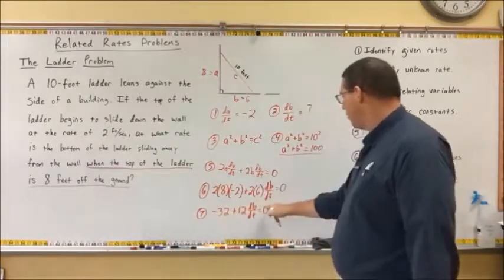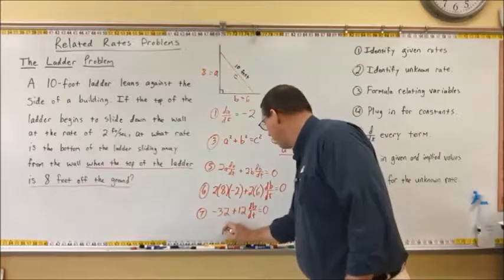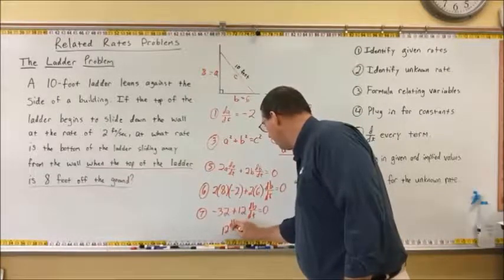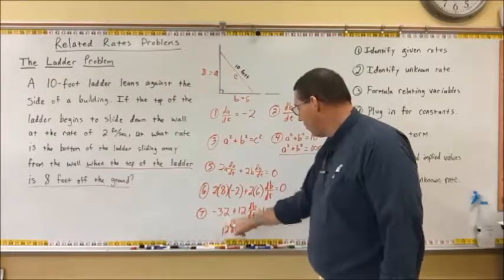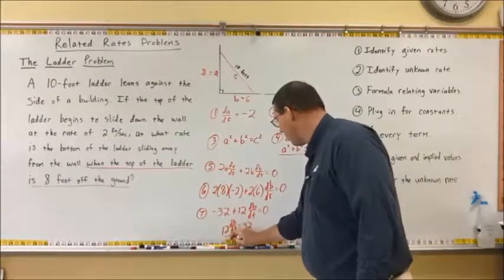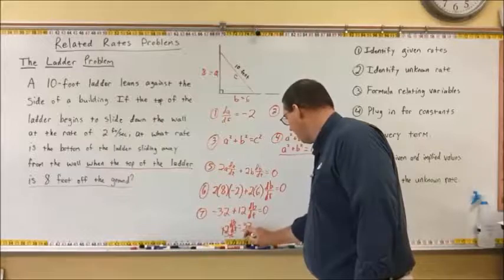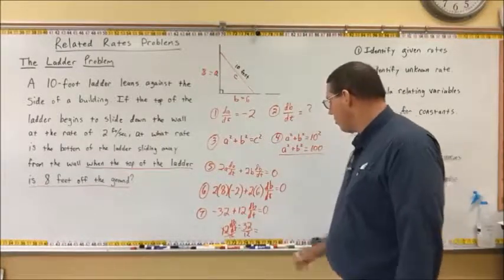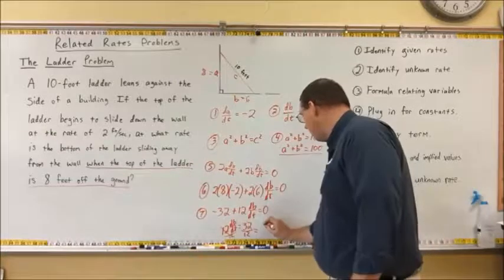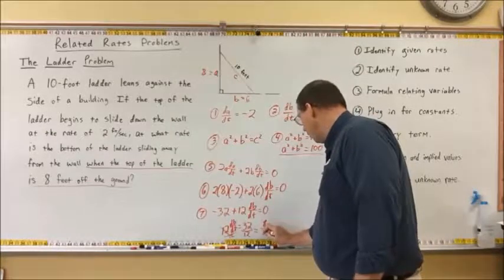If I add 32 to both sides, I get 12 dB dt equals 32. And now I'm going to divide by 12 on both sides. Cancel. And then the 32 over 12 can be reduced. Divide by 4 on the top and the bottom. And I get 8 over 3.